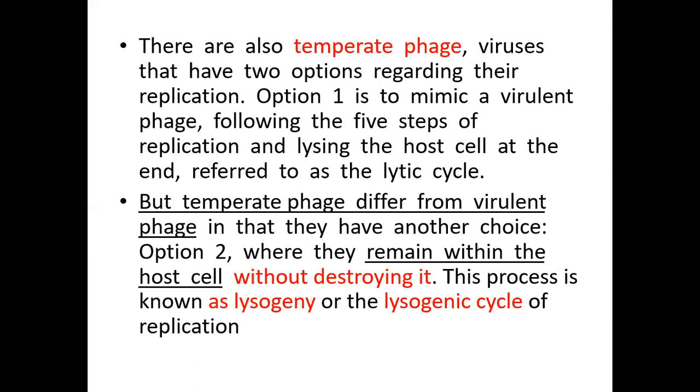So, one way of interaction with temperate phage is to attach to the bacterial cell, inject its nucleic acid, replicate inside the bacterial cell, create new bacteriophage particles, and kill the cell and release them. But the second way is like a latent infection, when the bacteriophage can integrate its genome into the genome of the bacteria without destroying the bacteria.